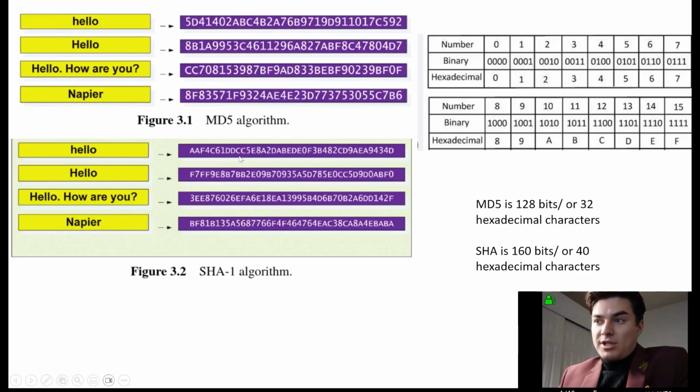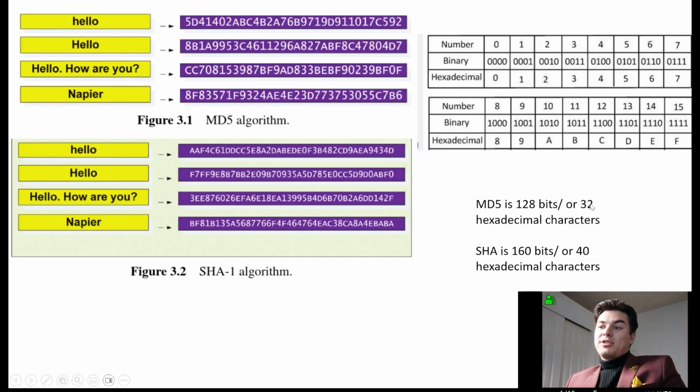There are 40 characters here, and each individual character, like the 5, is made up of four binary digits. If you broke this down on the D, here's 4 binary digits, and then underneath the D we'd see that it's 1101. And so this would be 8 characters.